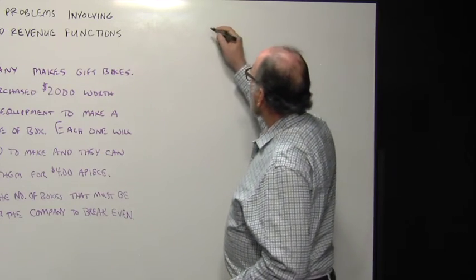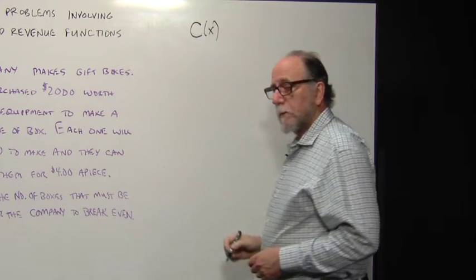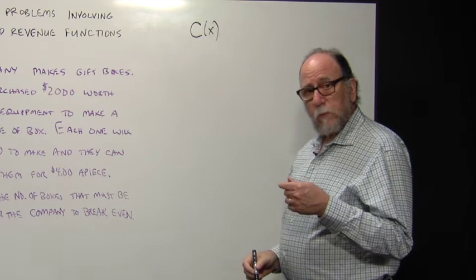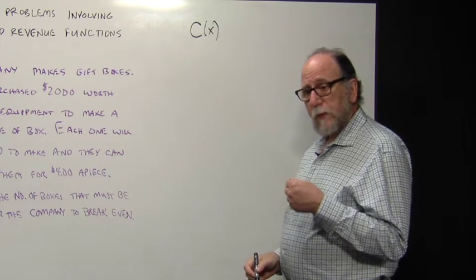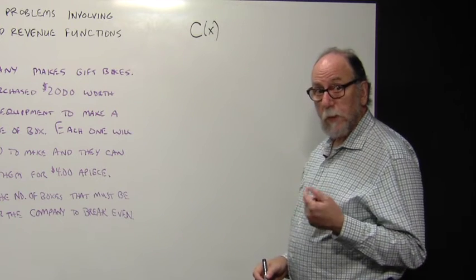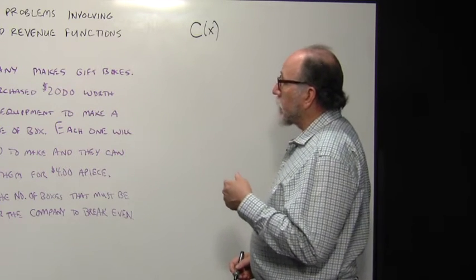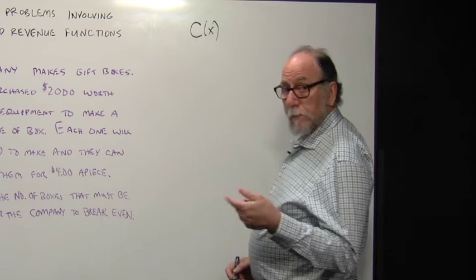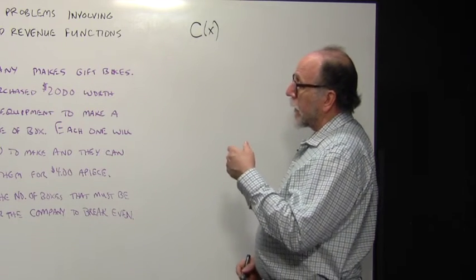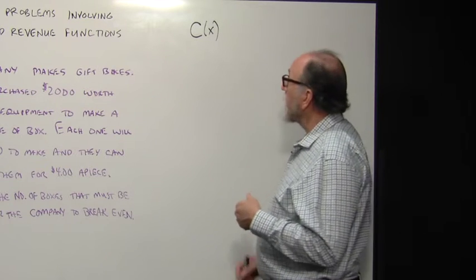First of all, the cost function, C of x, involves both variable costs, we call them, and fixed costs. The fixed cost is the $2,000 worth of new equipment they spent to set up the manufacturing line. And then the variable cost per box was $1.50.